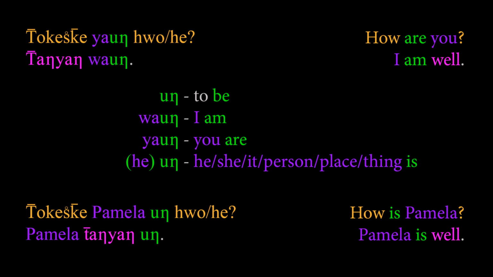And in these kind of situations, the reason why the verb is by itself is because you're talking about somebody else or something else. It's not I, it's not you, it's something else. And that something else, whatever that is, is going to go at the beginning of the sentence. Like the person Pamela, the name. Yeah, I put that first.